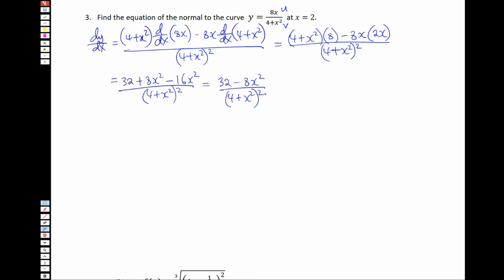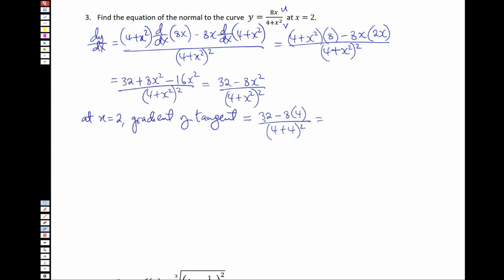So at x equals 2, the gradient of the tangent will be equal to, you substitute 2 in place of x, so that will be 32 minus 8 multiplied by 4, which is 32, over 4 plus 4 squared.